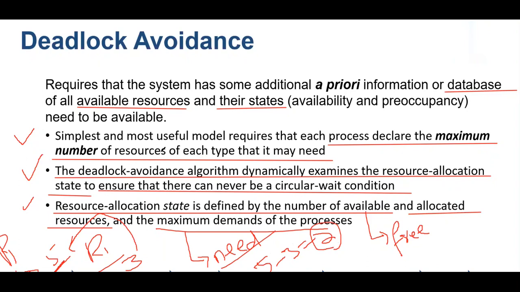So dear students, now come back to this first: the system must have available resources information besides their states. Now the state will be what? Available resources meaning free resources, allocated resources, and the maximum demand, or you can say the need amount of resources. This last word, maximum demand, applies in 2 cases, okay guys? The first case is the need which has been explained, and the second case can be this 5.